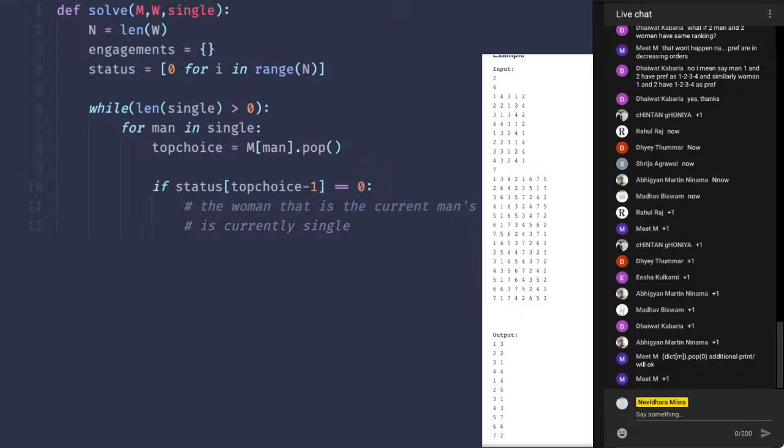That's what it means for the status to be 0. So in this case, what should I do? In this case, the engagement goes through. So in terms of code, what are the things I need to worry about? I need to worry about the engagements dictionary, the single list, and the status list. And of course, there's also going to be an else.